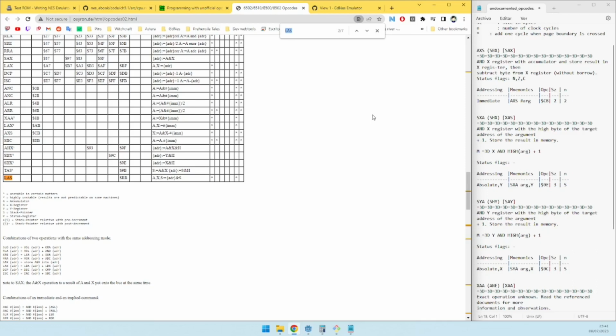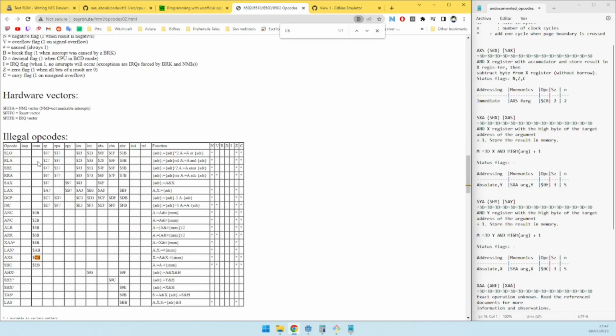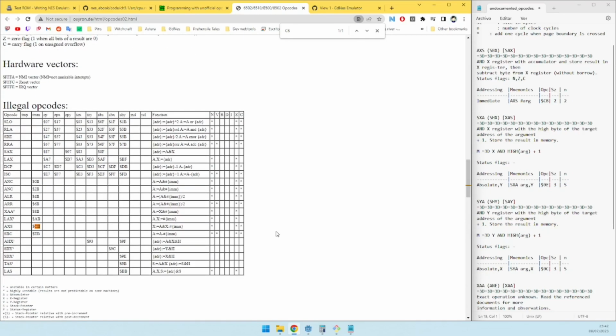If I search DB, this is the meaning of each column. So it's immediate. So X equals A and X minus the immediate.